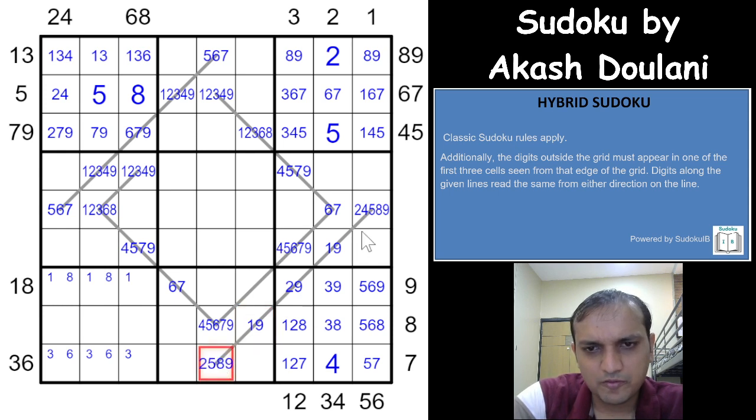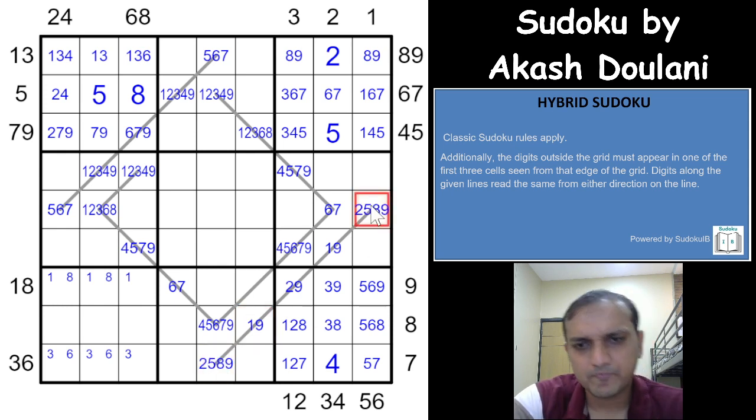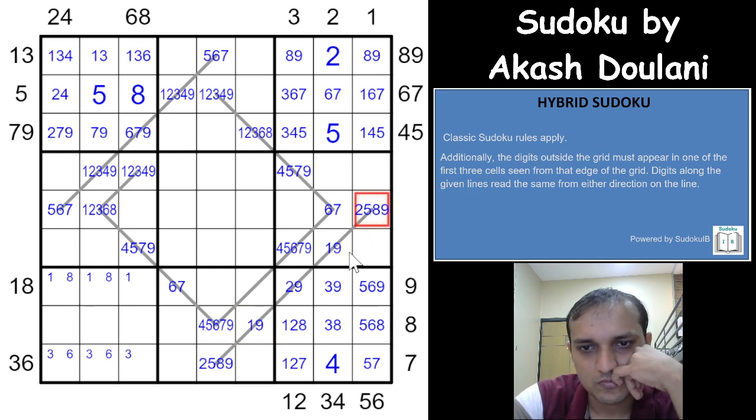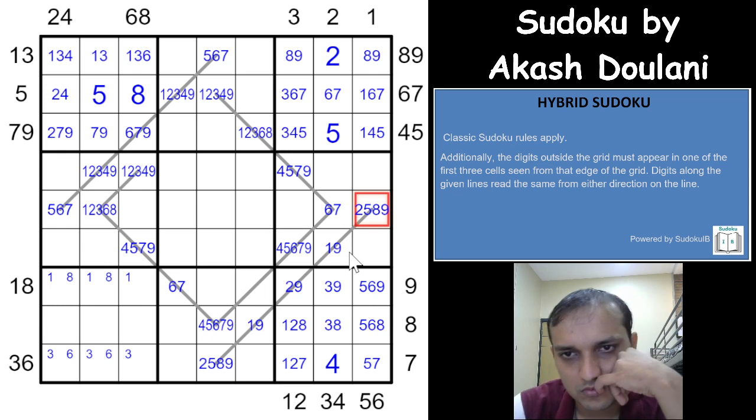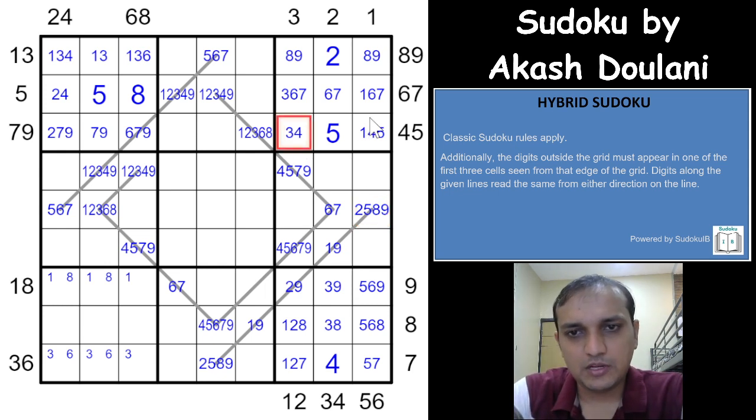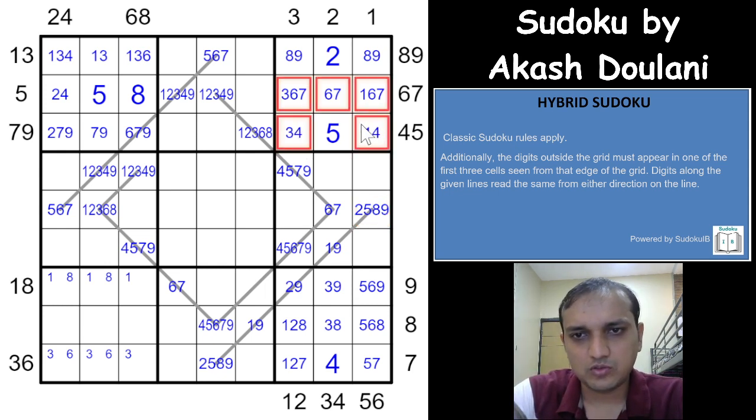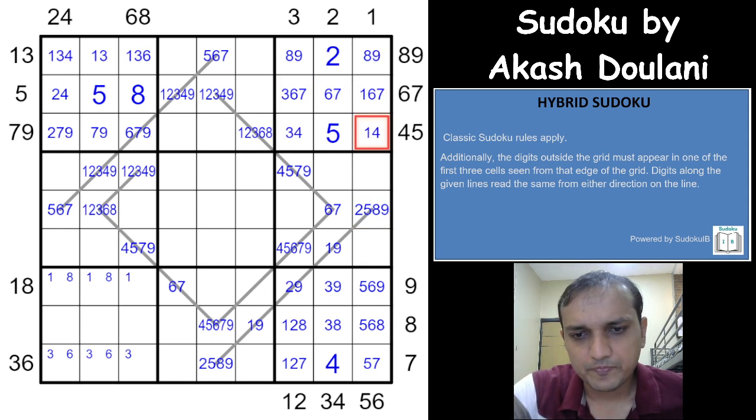This cell cannot be a 4, neither can this cell be. Okay, 5 cannot be in any of these two cells. So we got that here.